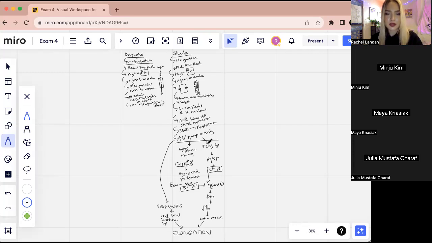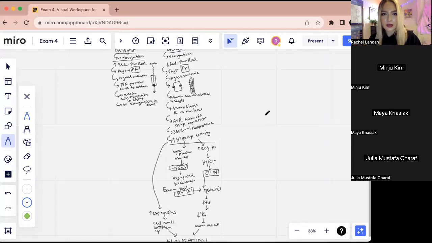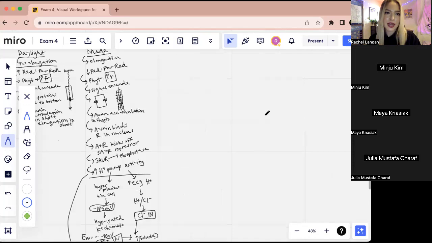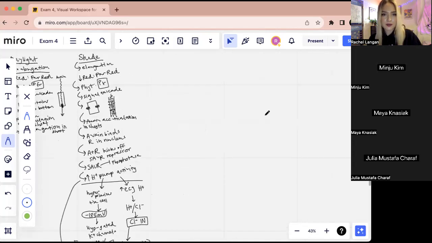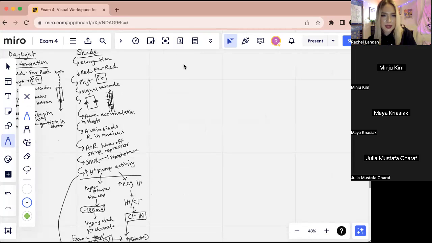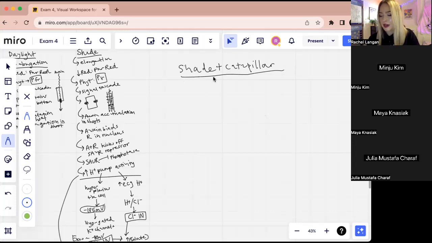Okay, so those are the two flow diagrams. And then the last thing for shade avoidance to know is the trade-off that happens in the shade. So let's say we're in the shade, but also there is a caterpillar. Shade plus a caterpillar eating the plant.